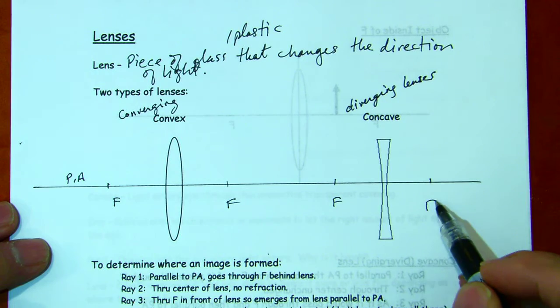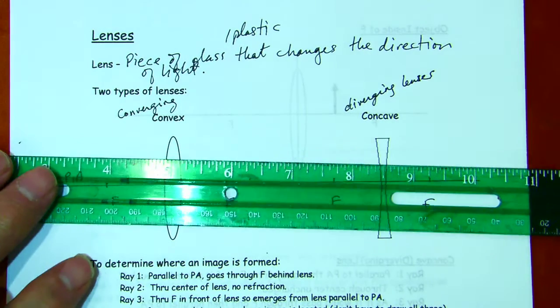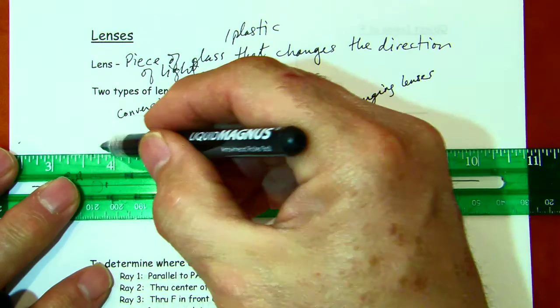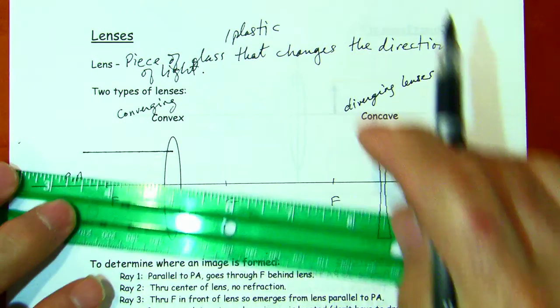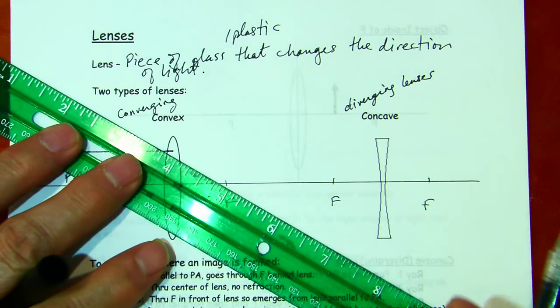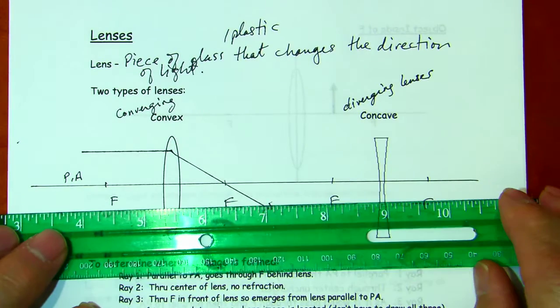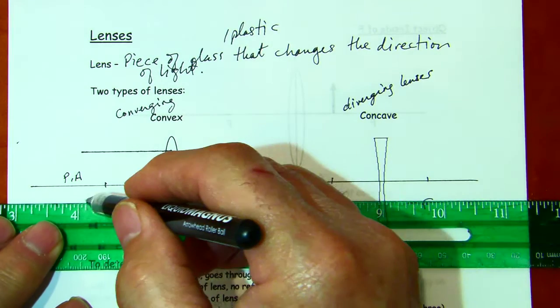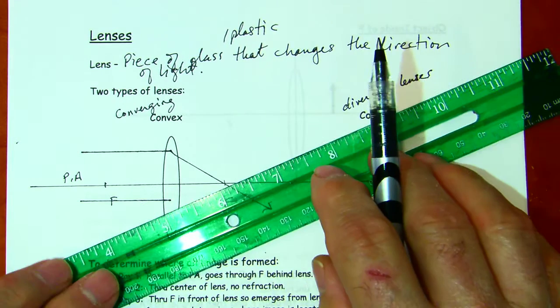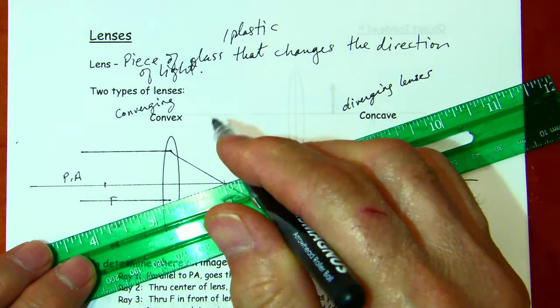Any ray coming in parallel to the principal axis on a converging lens will end up going through the focal point. Whoa, sounds a lot like what we had with the mirror, except it would bounce back through the focal point. And that is going to be the same thing for this guy.